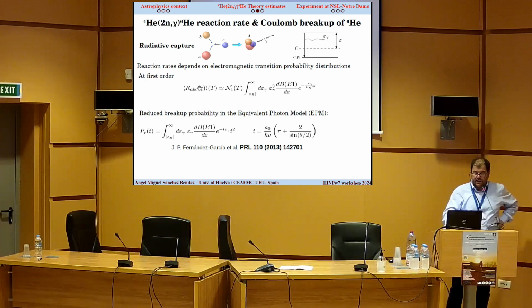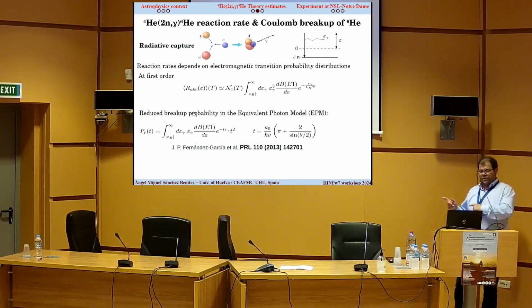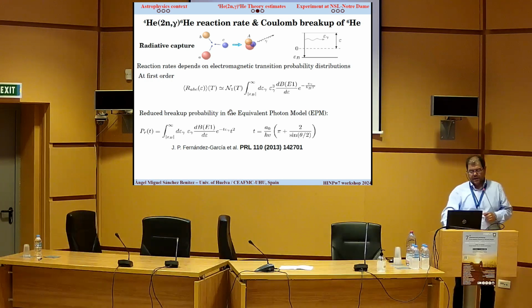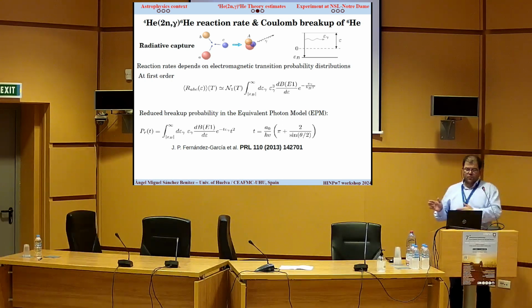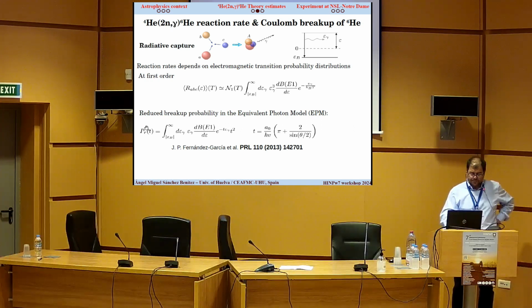So the reaction rate of this three-body reaction can be expressed in these terms. Don't ask me why, but it's like this. And then, if we move to the equivalent photon model, we have the reduced breakup probability, which is linked to the breakup probability of helium-6. So we have this reaction rate and the reduced breakup probability, right?